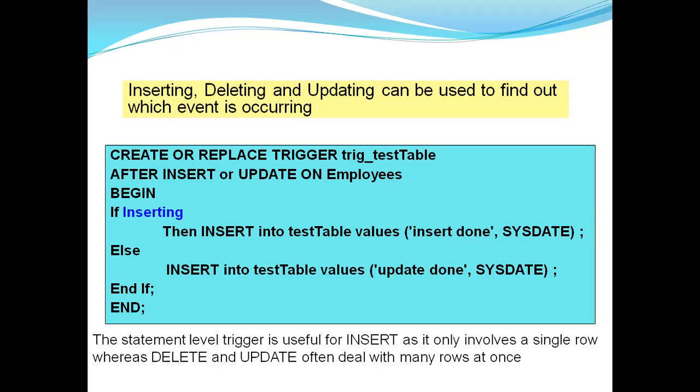It is explicitly executed on the event on which you have written. If you have written it for insert, then only when insert happens will this program execute. If you have written it for update, then only when update happens will it execute. Simple here. That's the simplest thing about the trigger. This is the important part: what you have to do on which event.